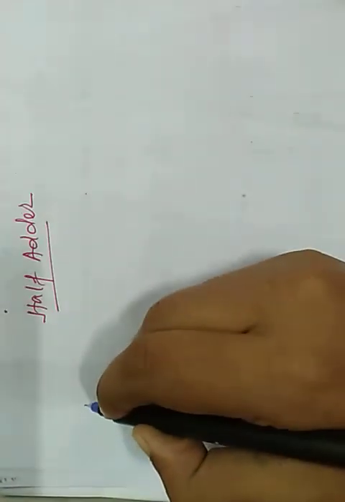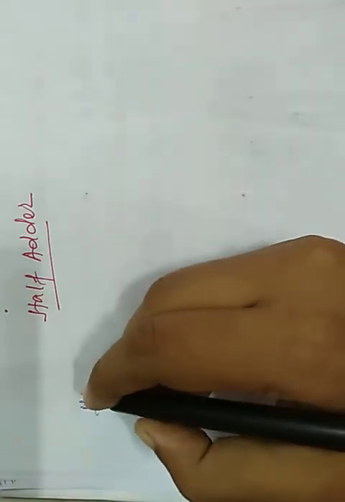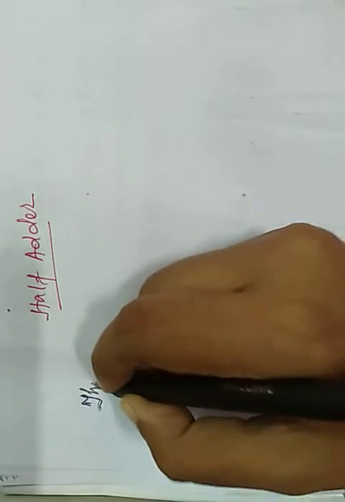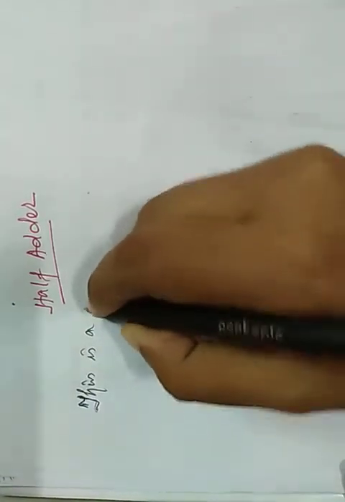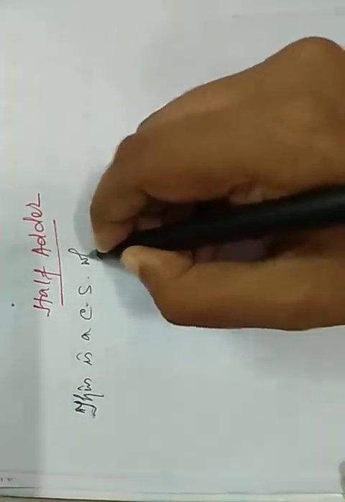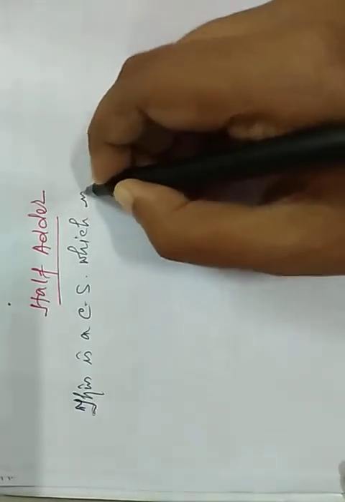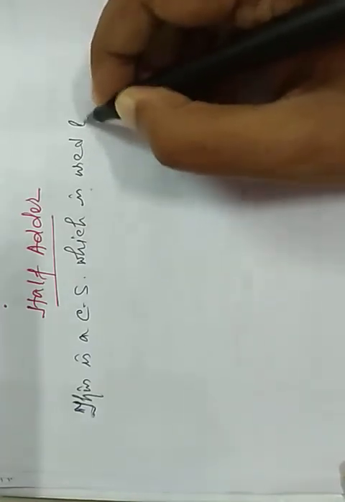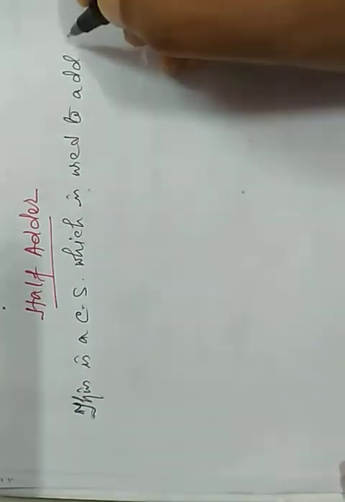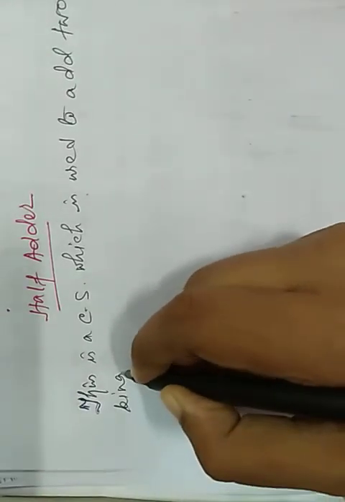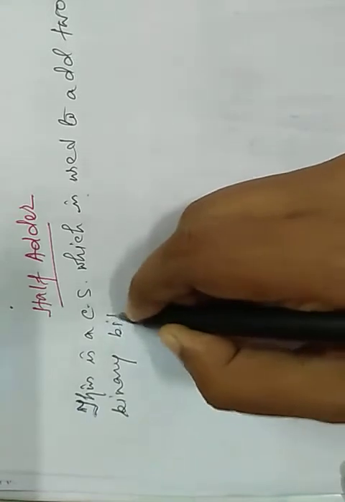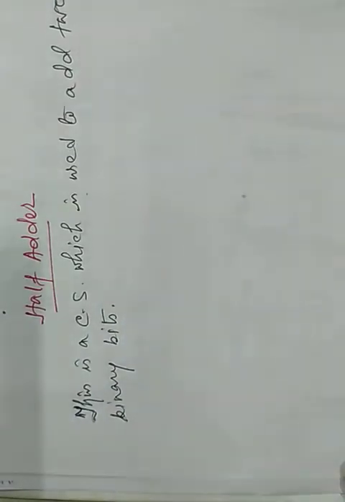Half adder means this is a combinational circuit which is used to add two binary bits. Okay, just mind it.